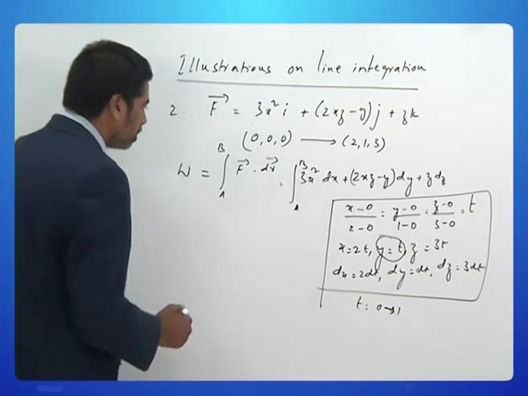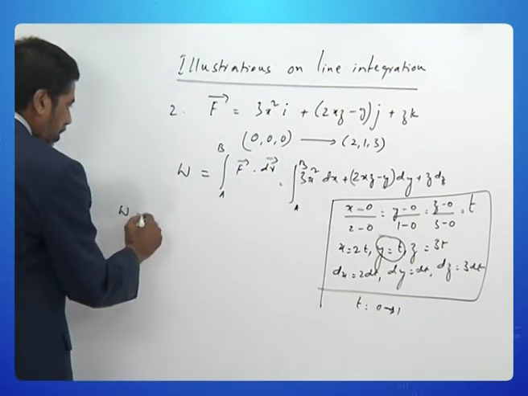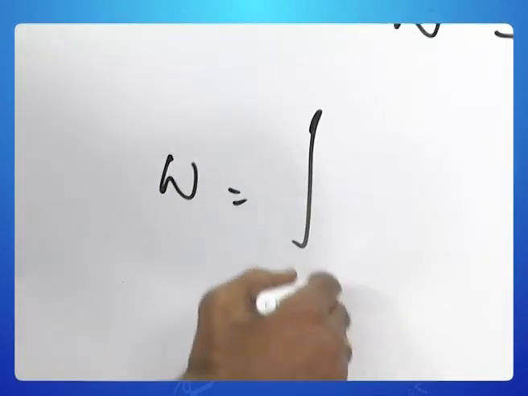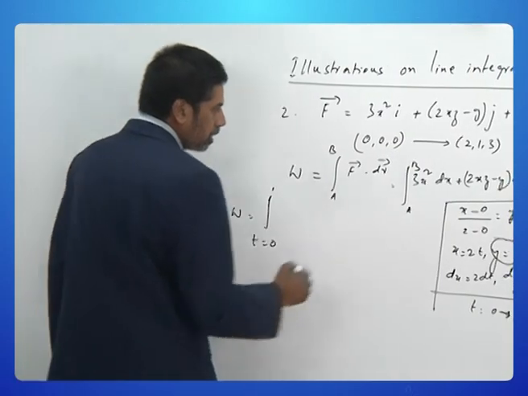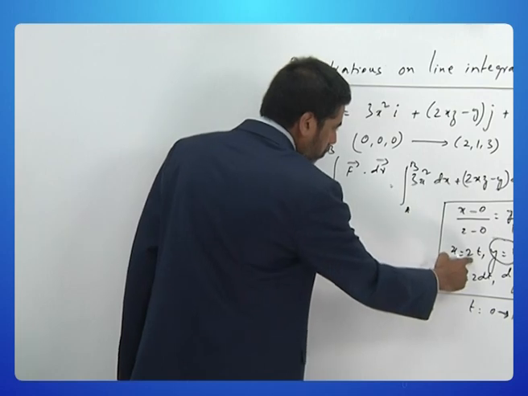So this integral will be integral t is equal to 0 to 1, 3x square, where x is equal to 2t.